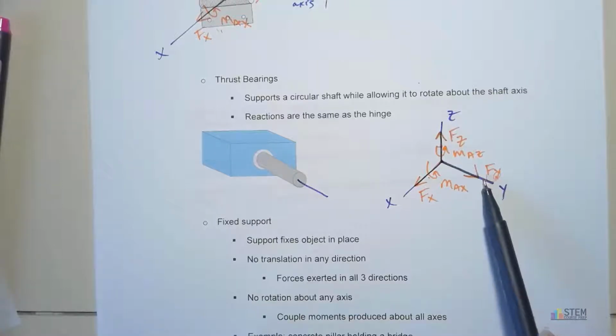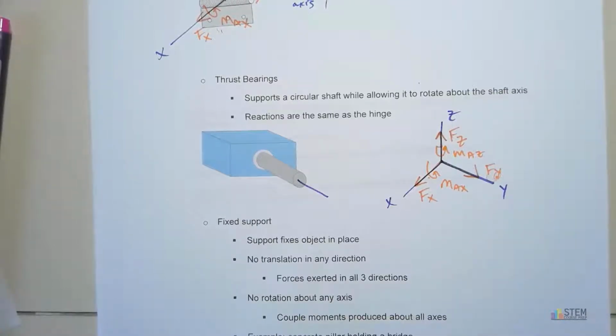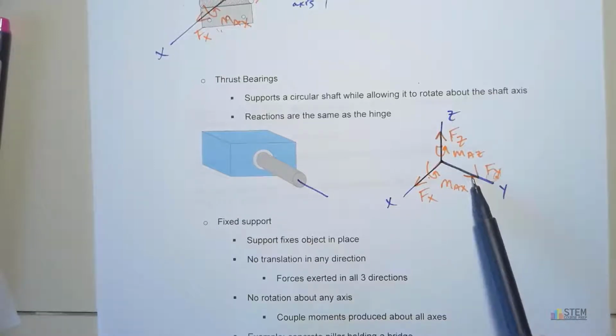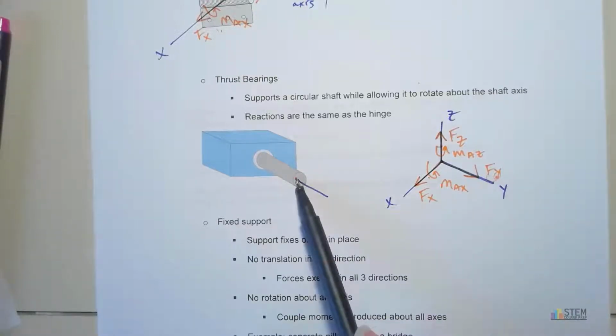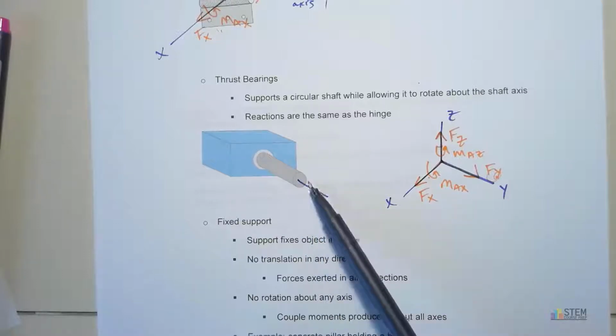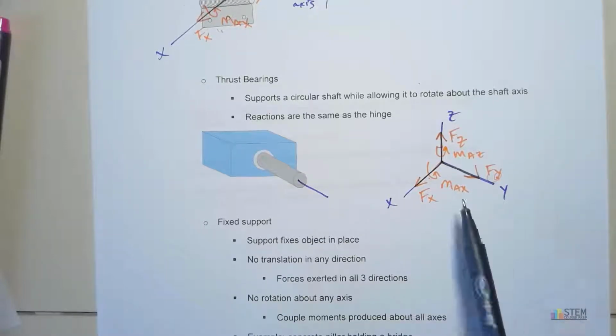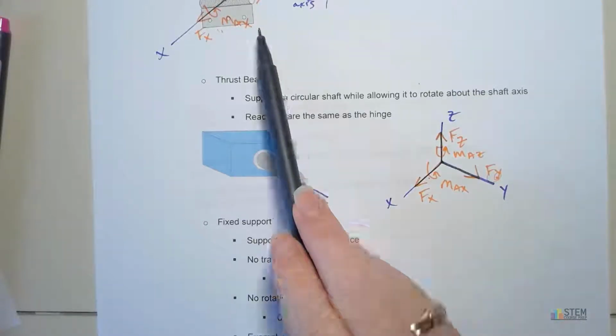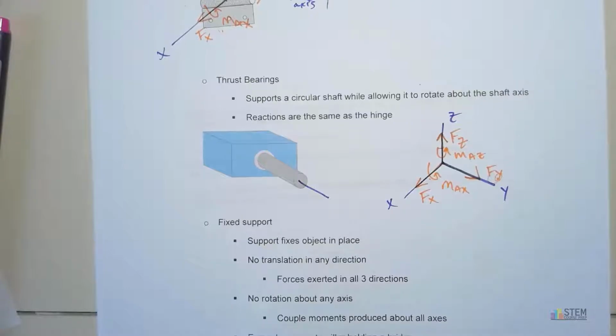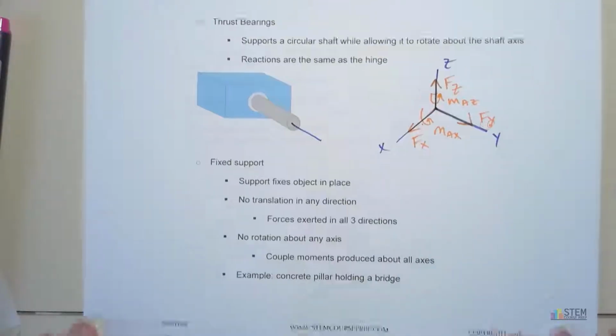All right, so when you see your problem, you have to figure out what kind of bearing you've got. And just remember, a thrust bearing is producing this force to keep this fixed in place. A journal bearing will allow this to move back and forth. All right. And if you look, these reactions are basically what we had here with the hinge axis, or with the hinge support.